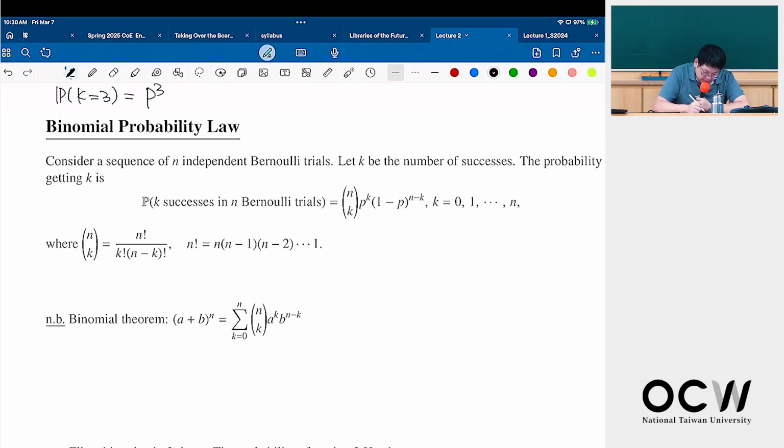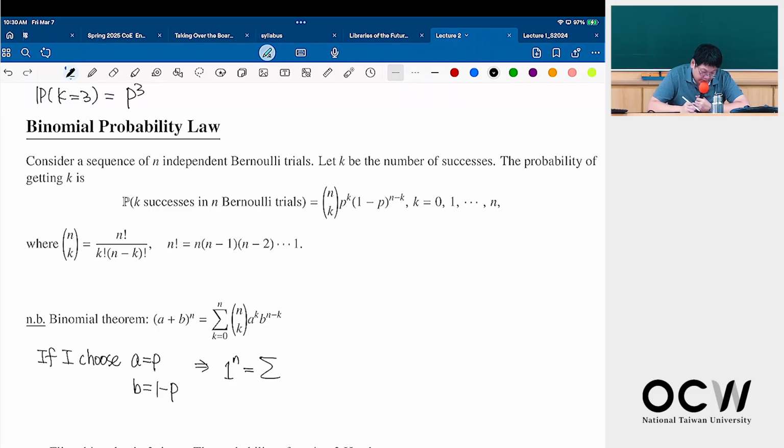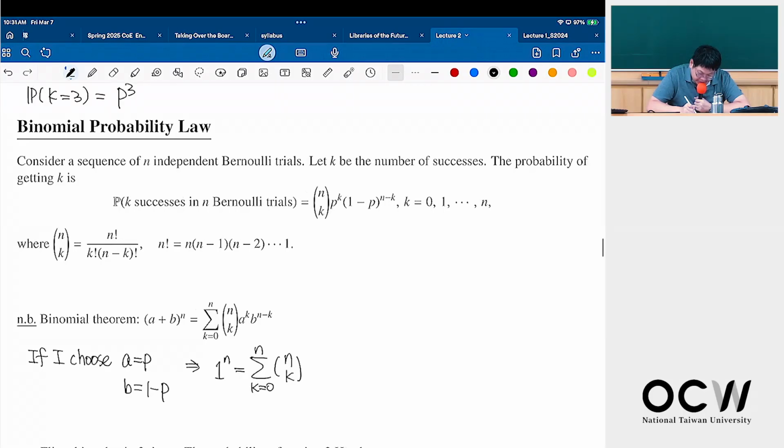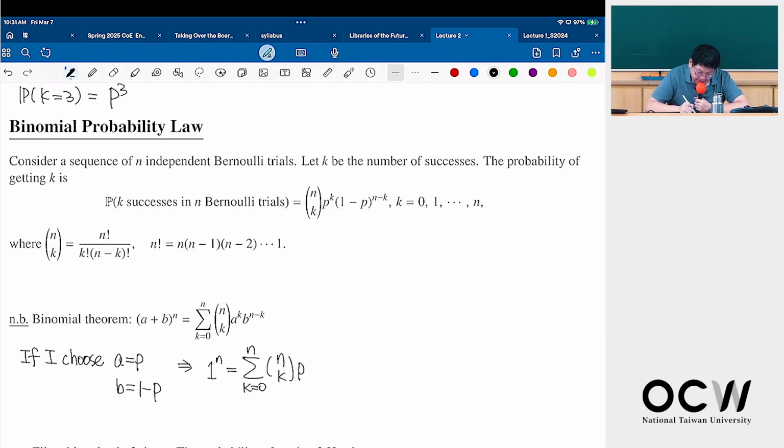So if I choose a equals p and b equals 1 minus p, then 1 to the n will be still the sum of n choose k, p to the k times 1 minus p to the n minus k.